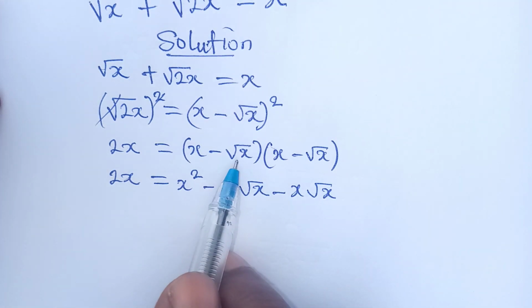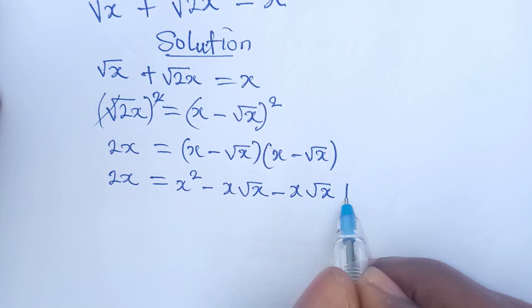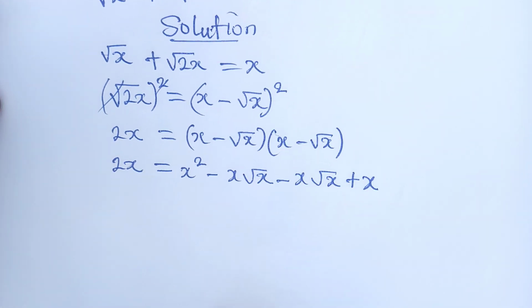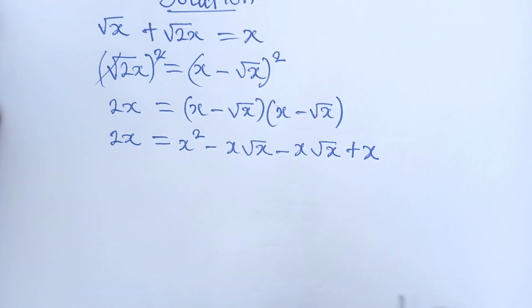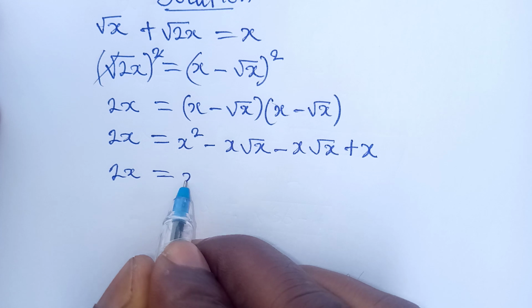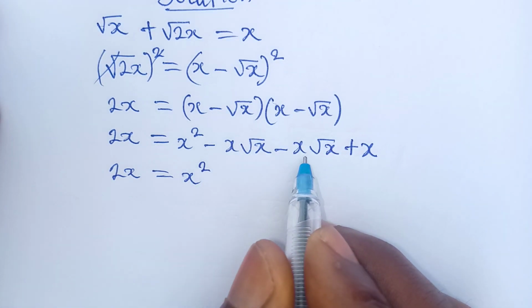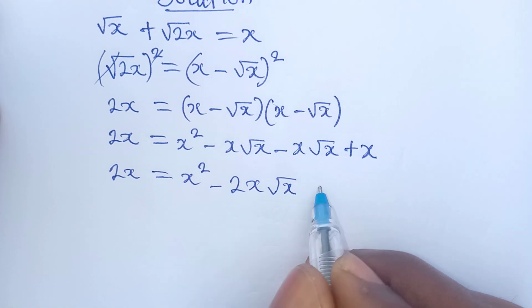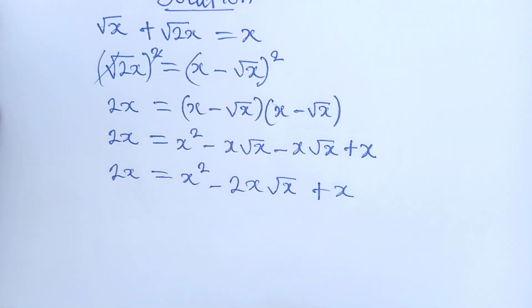Then minus root x times minus root x will give us plus x. Right? So from here we can work on these middle terms. We have 2x which will be equal to x squared. Putting these two together we have minus 2x root x then plus x.